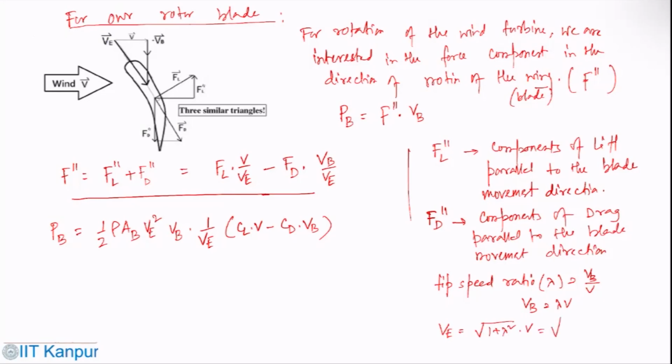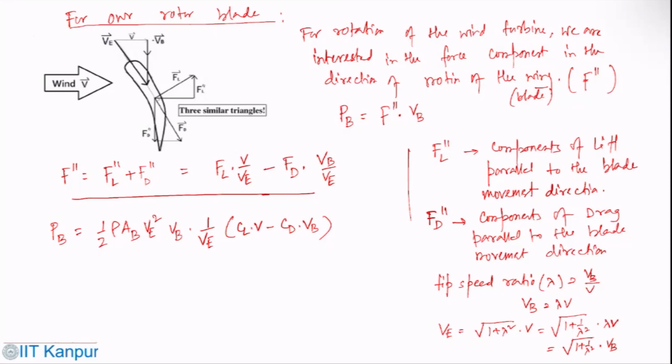Or one can simplify, 1 plus 1 by lambda square into lambda V, which is again 1 plus 1 by lambda square into V_B. So that's the relationship that you get between V_E and V_B.